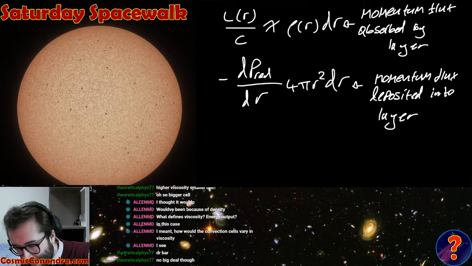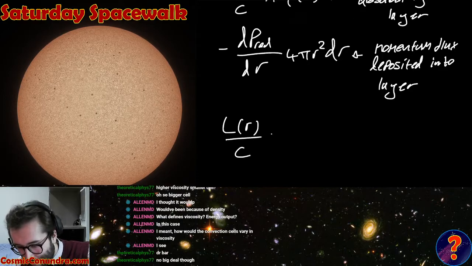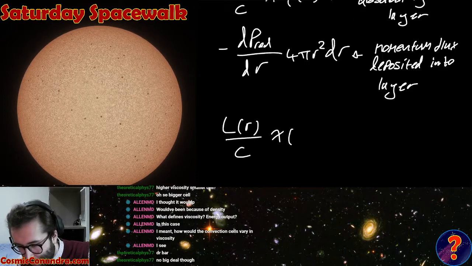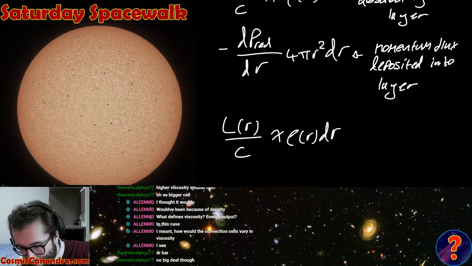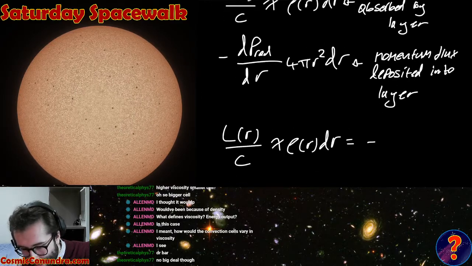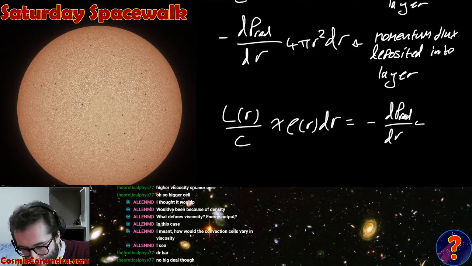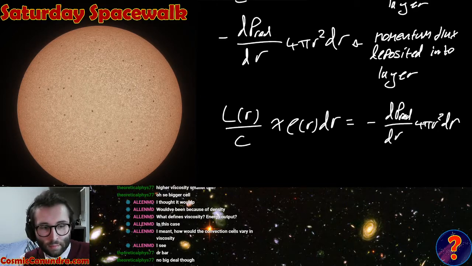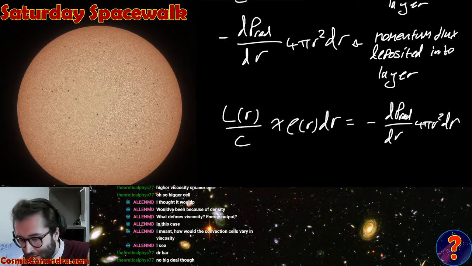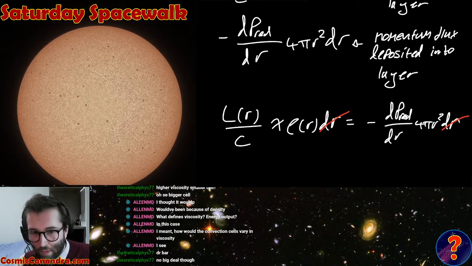So in equating these things, we have L_r over c, chi, rho, r, dr is equal to minus dP_radiation/dr, 4 pi r squared dr. And of course we can cancel the dr's, these thicknesses of the layer.